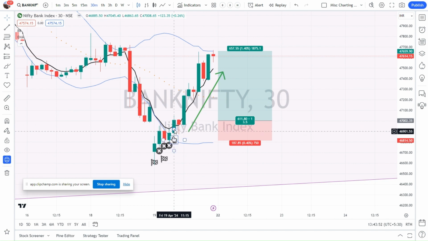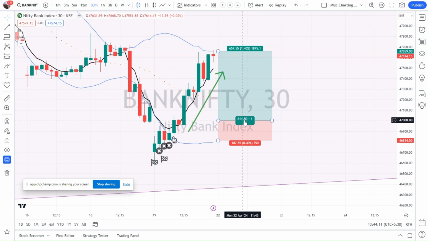This closes inside the Bollinger Band, and its high is way above this particular alert candle. And you look at the 3:5 risk reward. By 3:30 p.m., by the end of the day, it reaches the target 2 very easily. We can call it a 3:5 take.